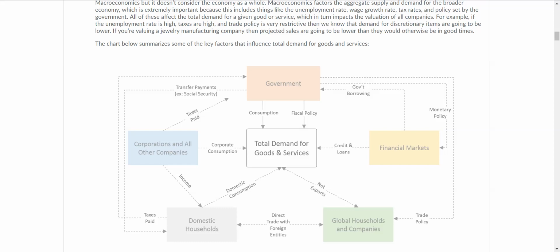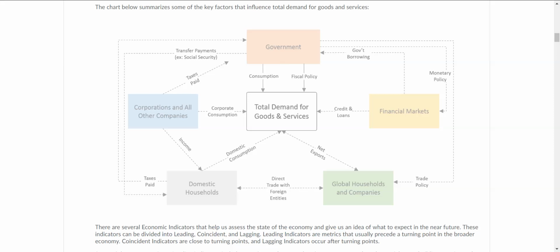So let's take a look at this graphic that I created here. In the center, this is total demand for all goods and services, and that is impacted by many, many different things. For example, domestic households. A domestic household like your house, this is talking about consumer consumption. If incomes are high and there is wage growth and there is excessive discretionary income, then consumers are going to be more likely to make purchases, which impacts total demand.